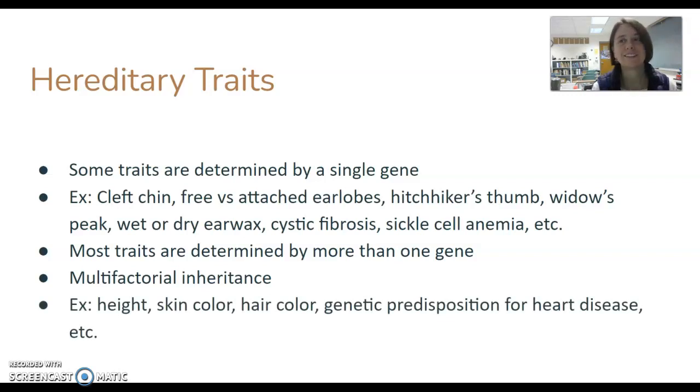Also, your environment affects a lot of these more complicated traits as well. Skin color, and then another one we didn't mention was the genetic predisposition for heart disease is more than one gene.